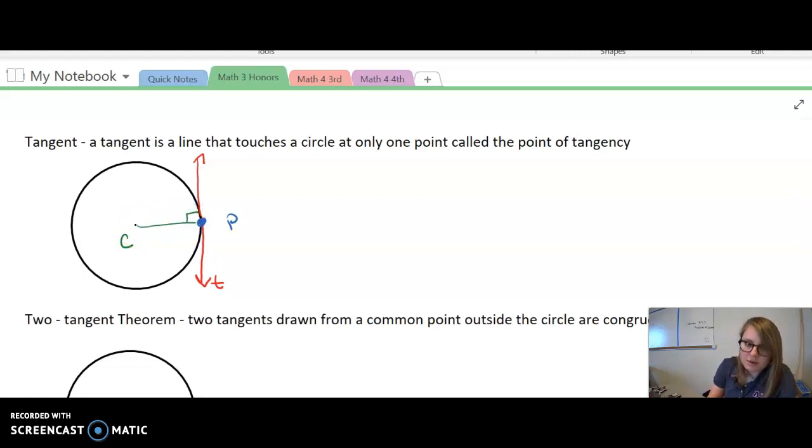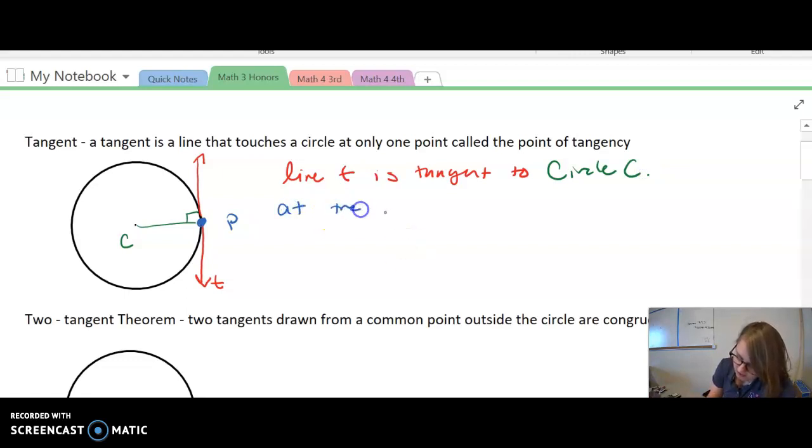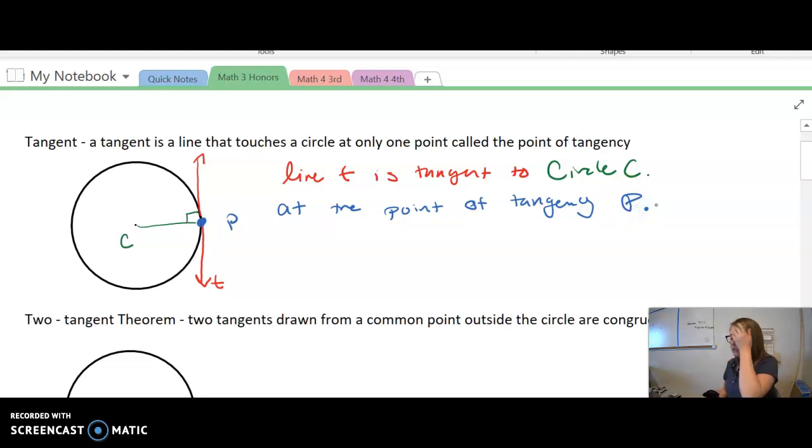Okay, so now we can say that line T is tangent to circle C, and it's tangent at the point of tangency P. So that's how we say that in a formal way.